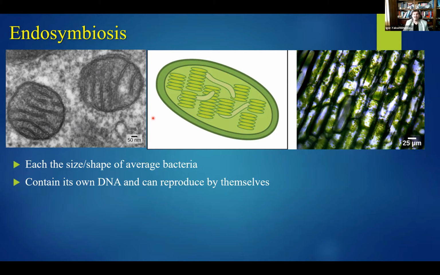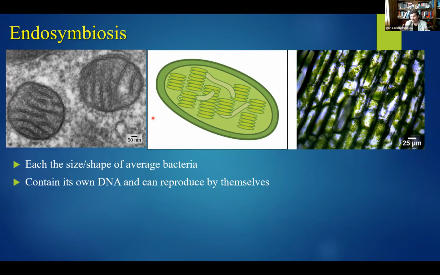They were free-living cells which got engulfed by a bigger cell, and instead of destroying them, the cell started living together with them. Symbiosis. Sym means together, bio means life, living together.